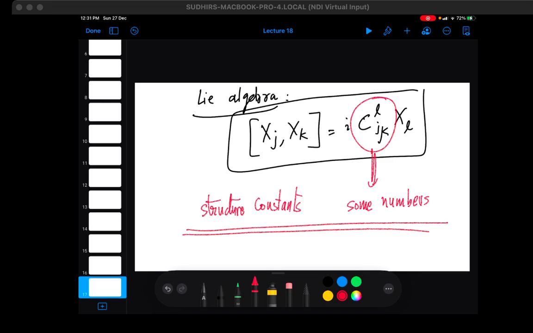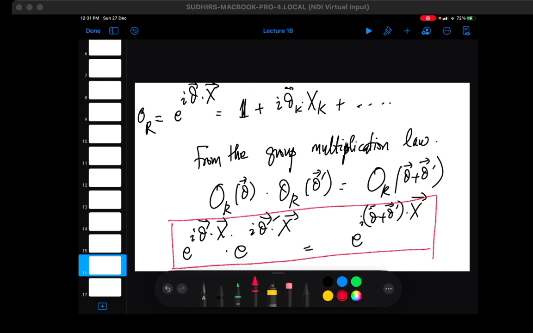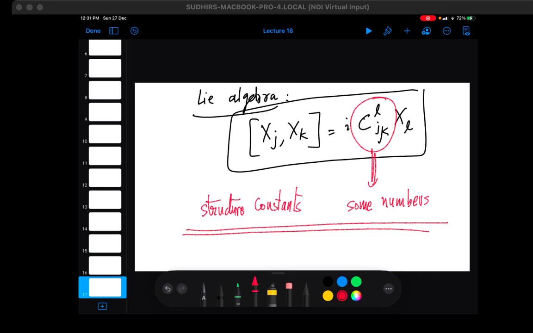Only if these commutation relations between the various generators are satisfied is the group multiplication law satisfied. The constants which appear in these commutation relations are called structure constants, and these keep changing for each group.